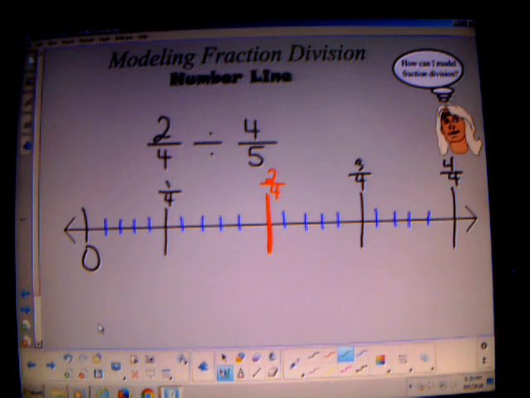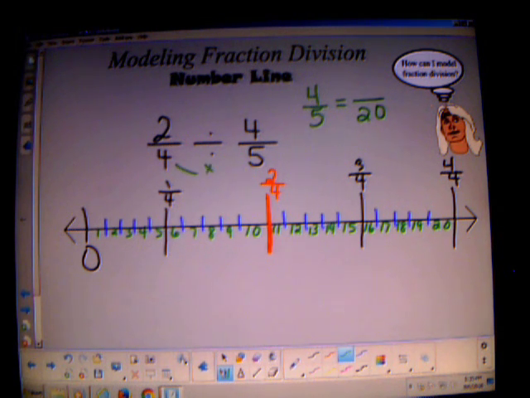Next, I find an equivalent fraction for my divisor. My equivalent fraction is 16/20. I put 16/20ths in a group.